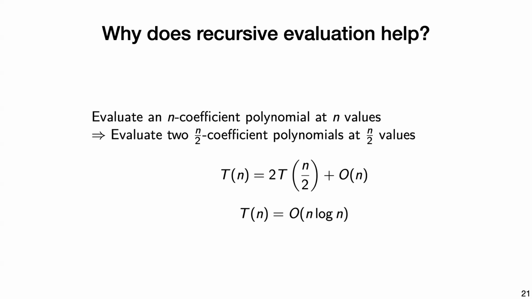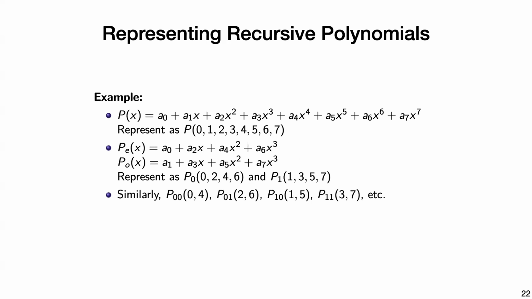And the way to efficiently convert between coefficient and value form is through choosing the points correctly. So this is just an example. Let's say we have p of x, and we have degree 8. So this is a0, a1 x, up to a7 x to the 7. And we represent it as this polynomial, 0 through 7.